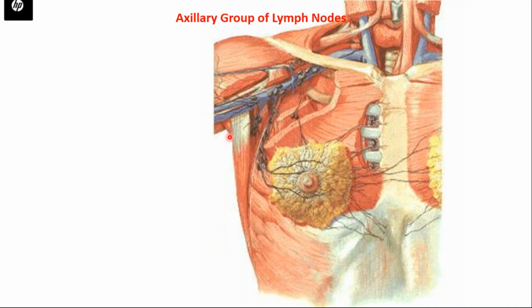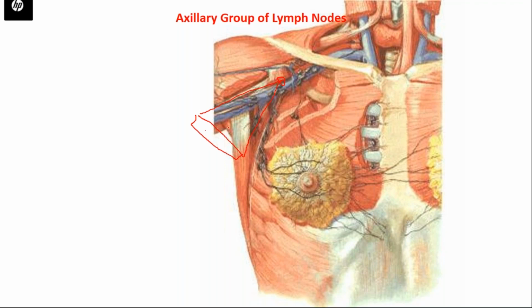Oh, okay, no problem. So the axilla, if you see, is just like a pyramid. In the pyramid, there is an apex, an anterior border, a posterior border, a lateral border, and a medial border.